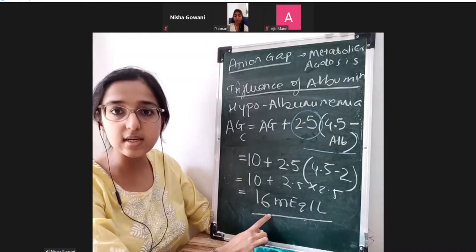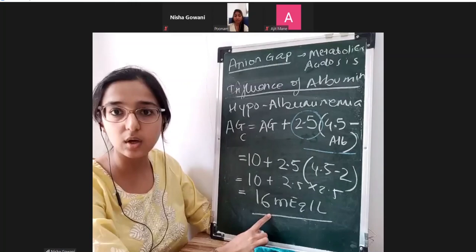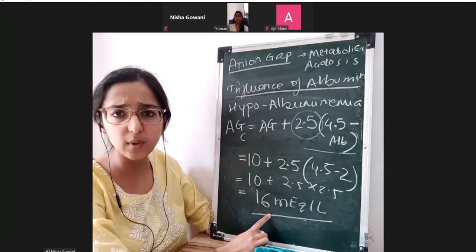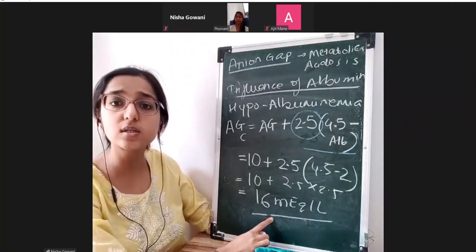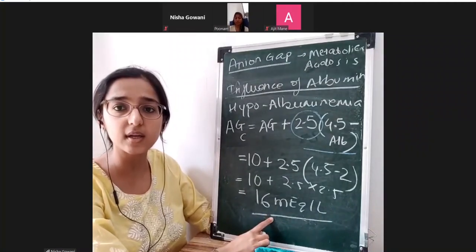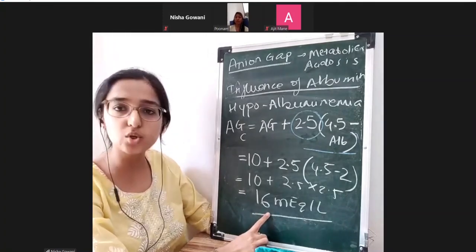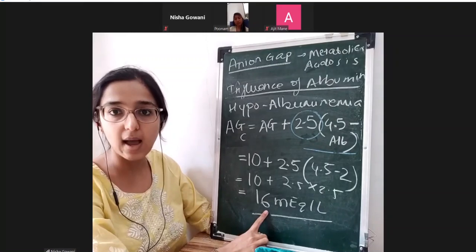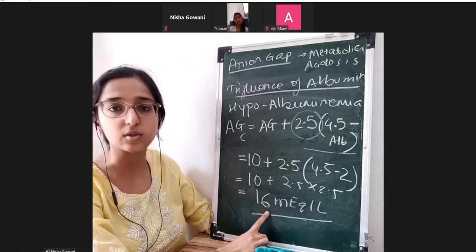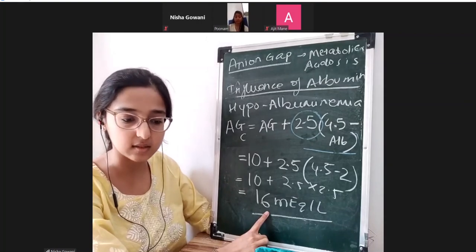So this is 16, which is within normal limit. 8 to 16 is normal limit, right? 12 minus 4 is 8, 12 plus 4 is 16. So this is within normal range, so this is normal anion gap metabolic acidosis. If my answer was 20 or 25 or something, it would be high, above the normal range. So it is high anion gap metabolic acidosis, if that is the case.